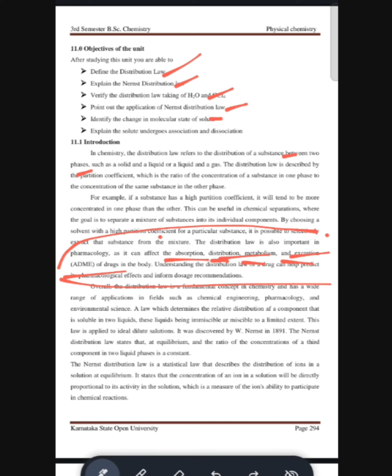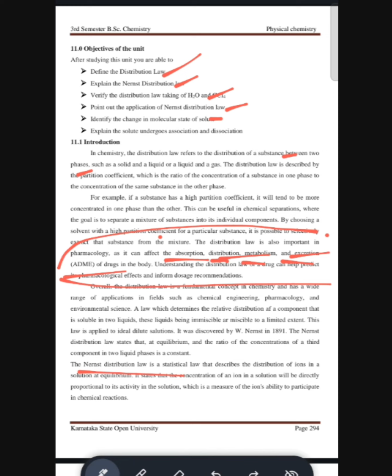law. Coming to the Nernst distribution law, the Nernst distribution is the statistical law that describes the distribution of ions in a solution at equilibrium. So it studies the distribution of ions of a solution in the equilibrium state.